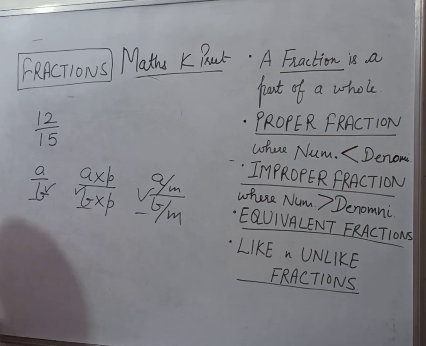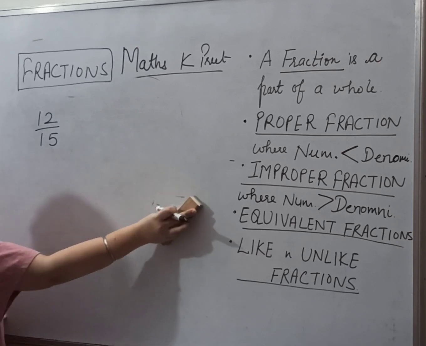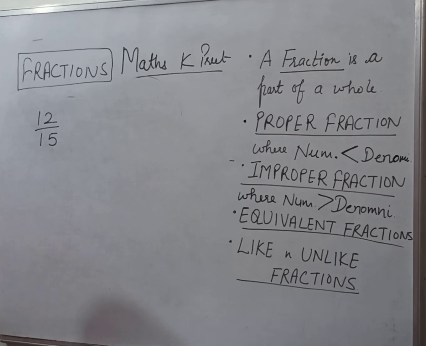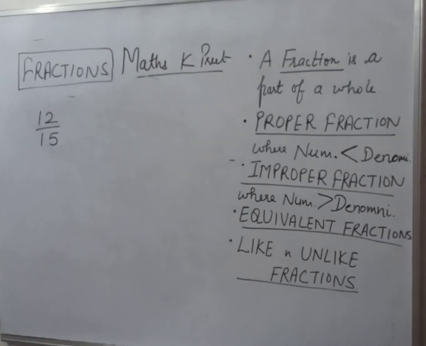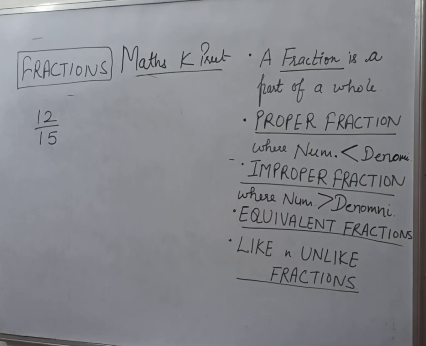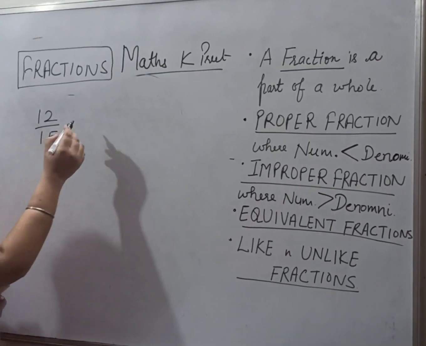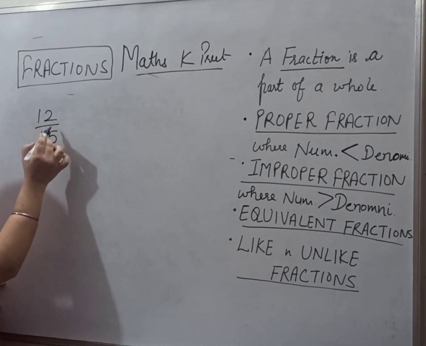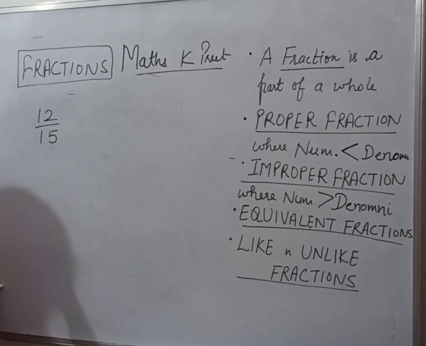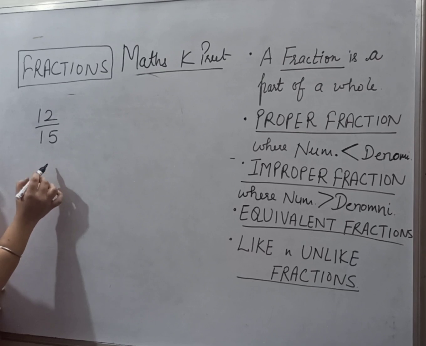So let's take this example, 12 by 15. The question is, we have to find the equivalent fractions of 12 by 15. For the first fraction, we can see that the common factor of 12 and 15 is 3.